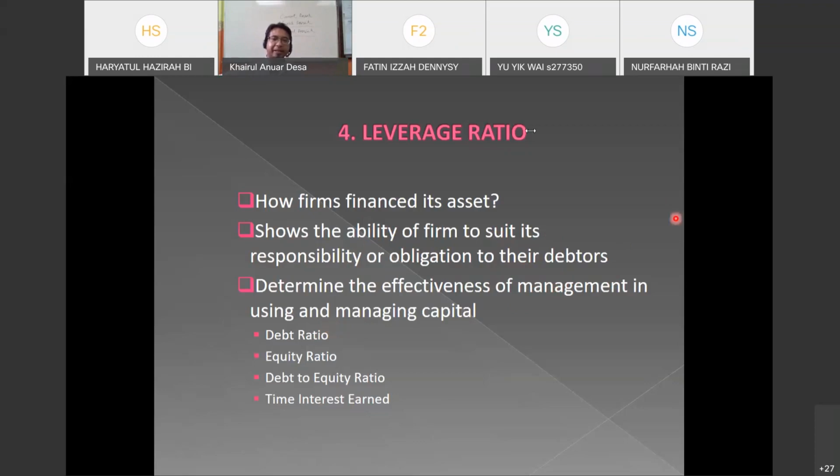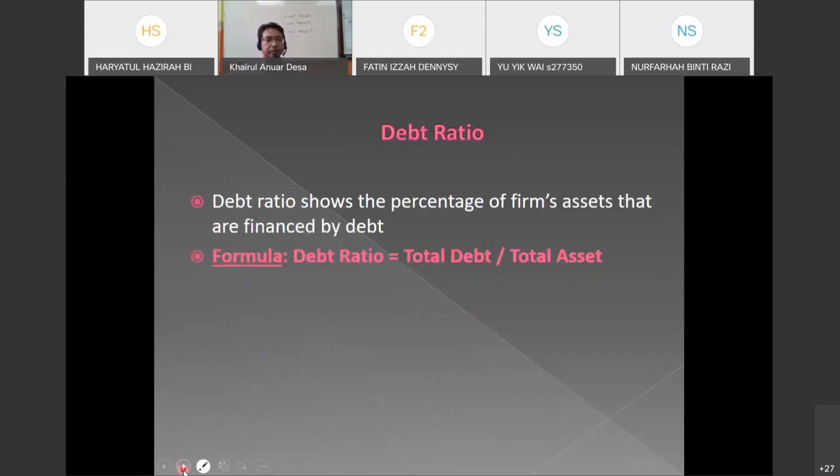Okay, the leverage ratio determine the effectiveness of the management in using and managing the capital. The measurement is here: debt ratio, equity ratio, debt to equity ratio, and the times interest earned. Okay, debt ratio.